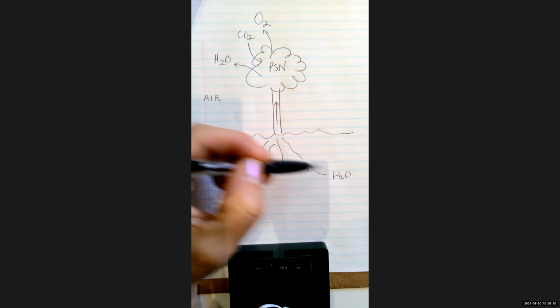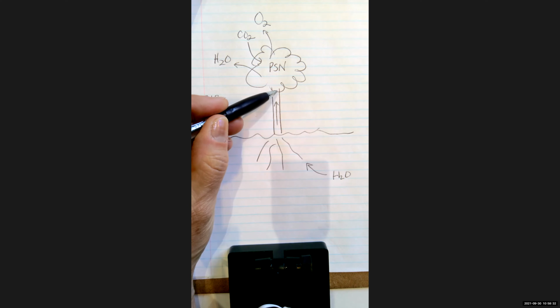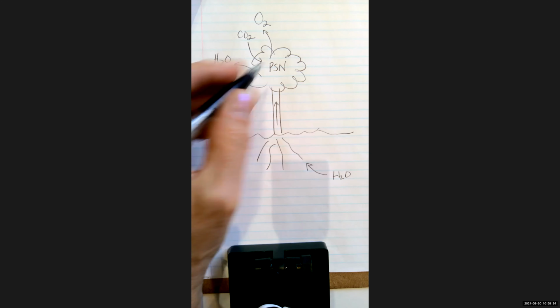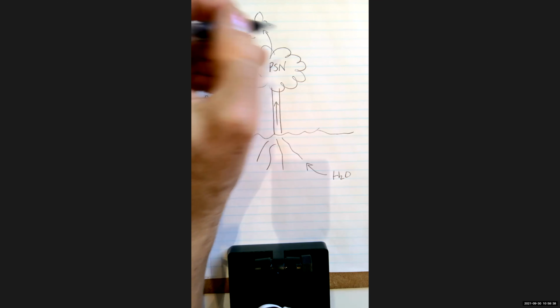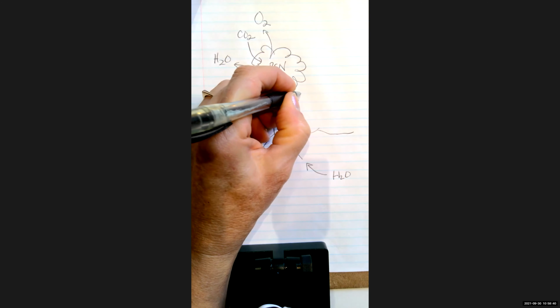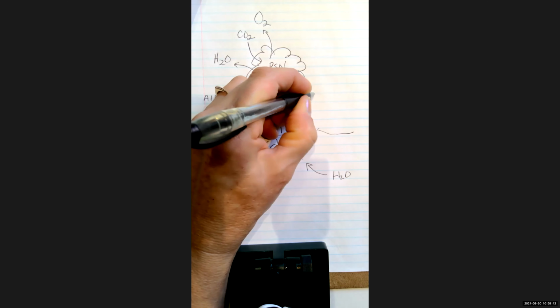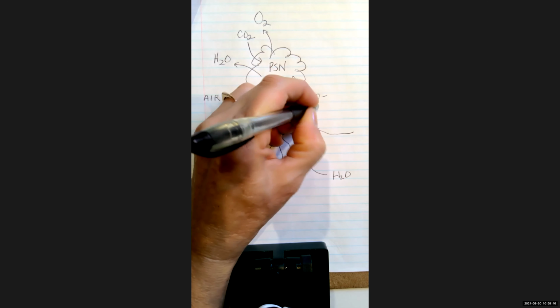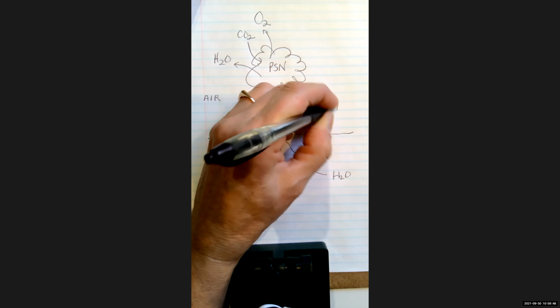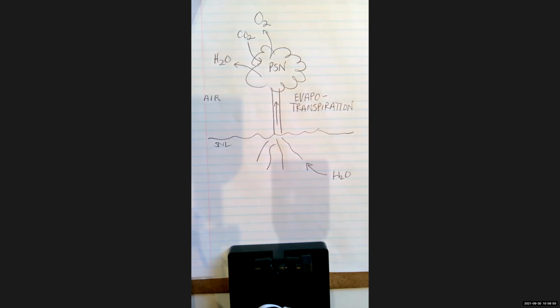So this whole process of moving the water from the roots up through the trunk and into the leaves, and the fact that it evaporates from the leaves, it's called evapotranspiration. Right?